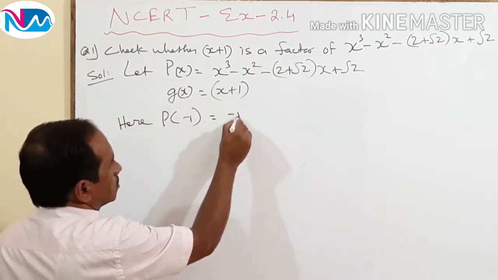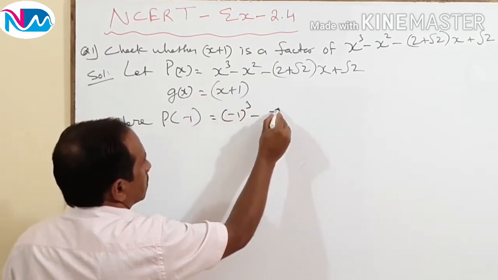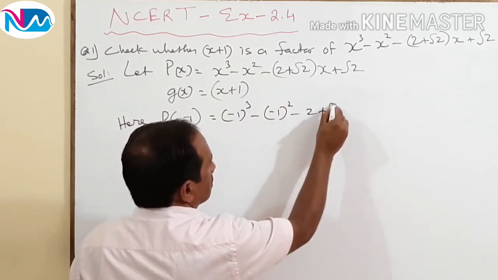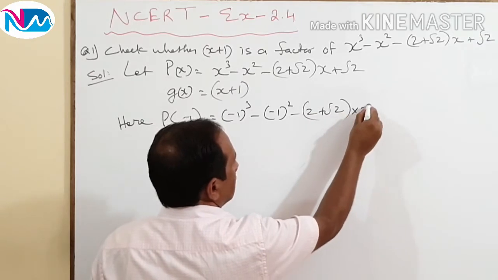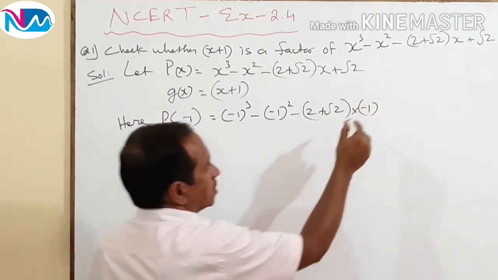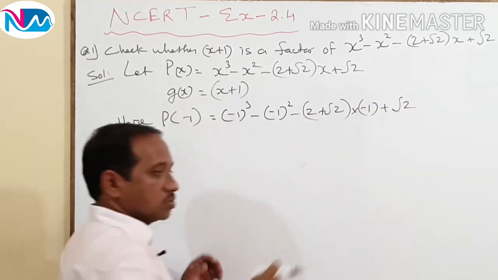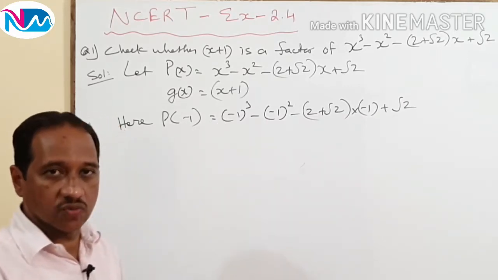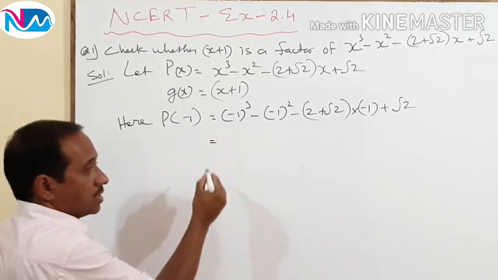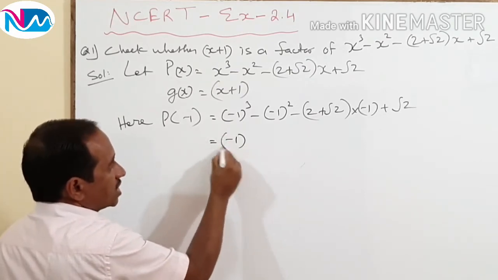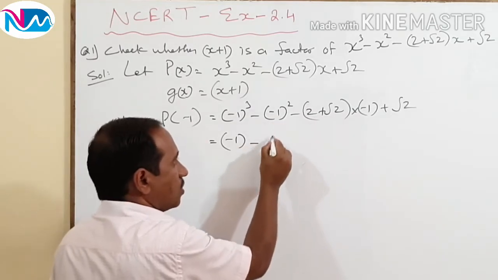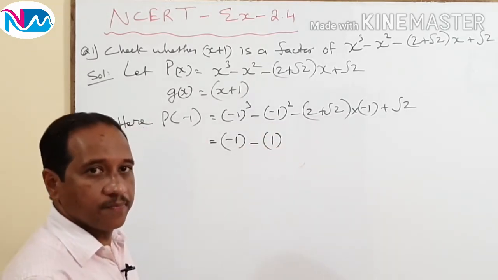So it is equal to (minus 1) cube minus (minus 1) square minus (2 plus root 2) into minus 1 plus root 2. We are simply replacing x with minus 1, and it is equal to minus 1 cube is minus 1, minus minus 1 square is plus 1.